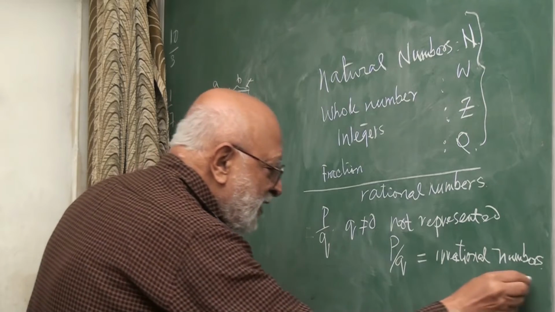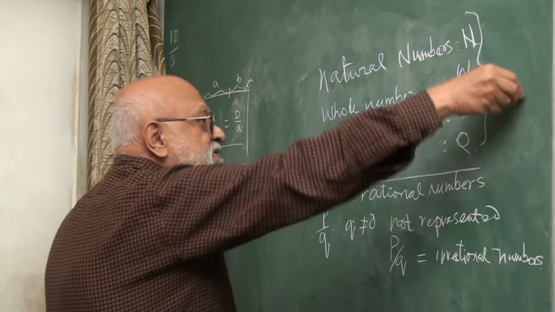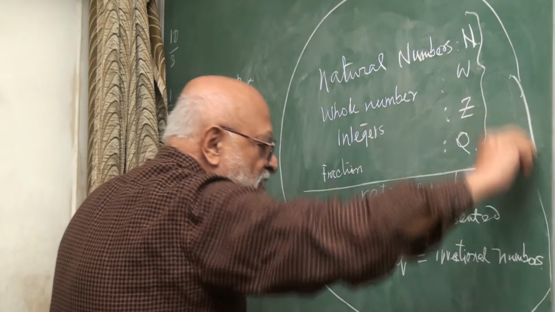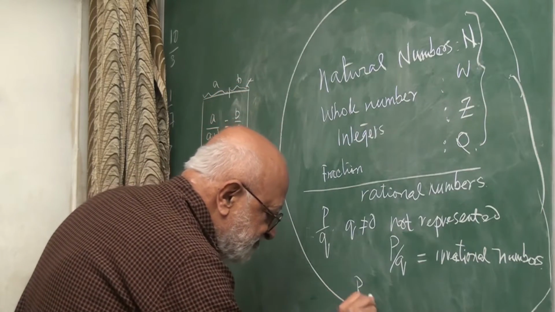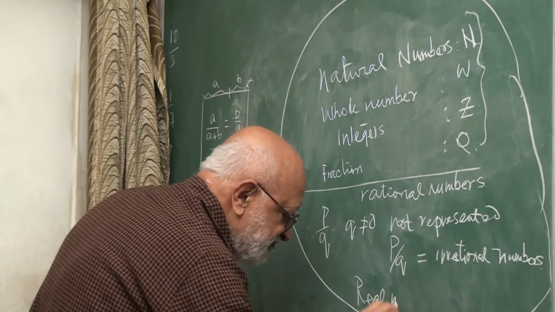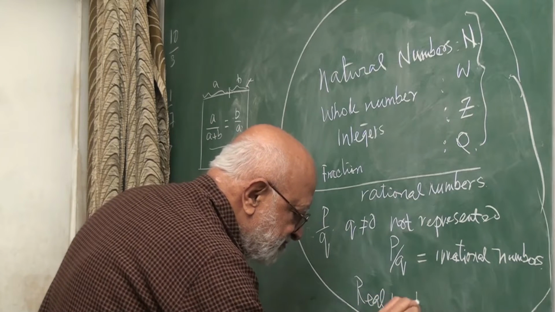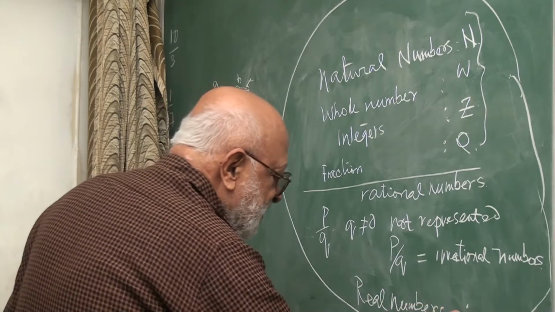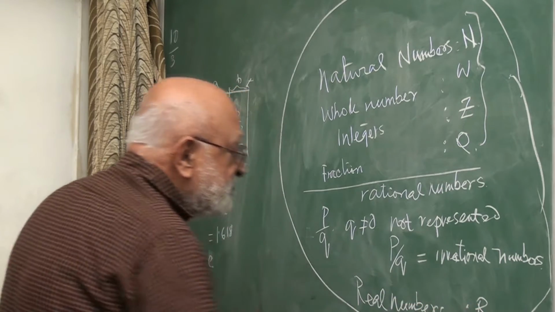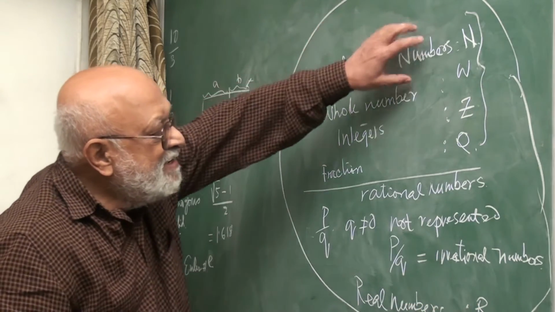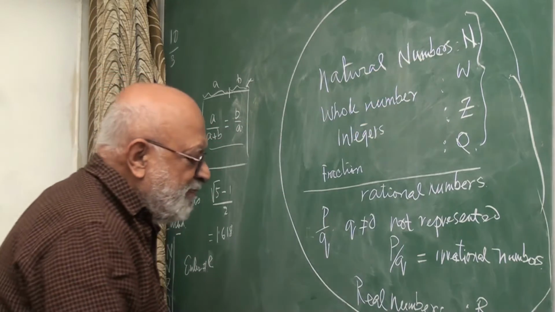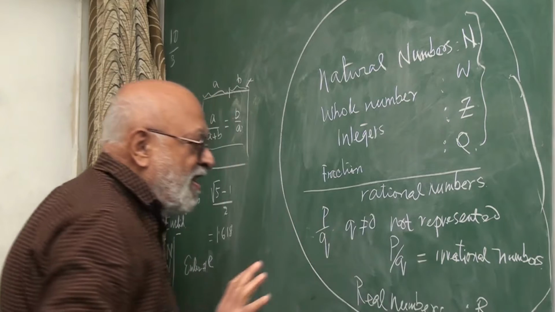Altogether, the whole gamut of the whole thing, we call real numbers, and that is represented as R. So all these N, W, Z, Q, they all became a member of R.